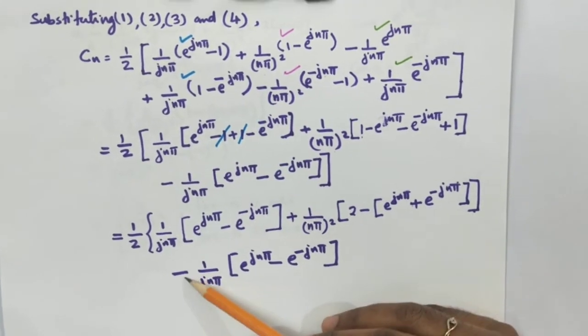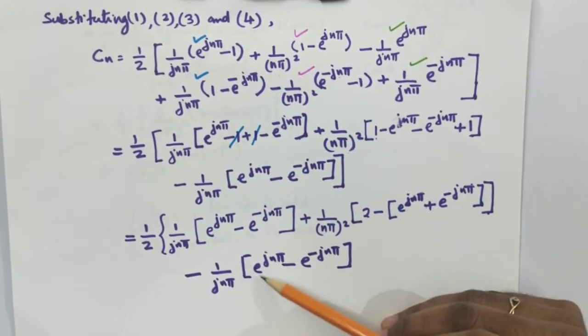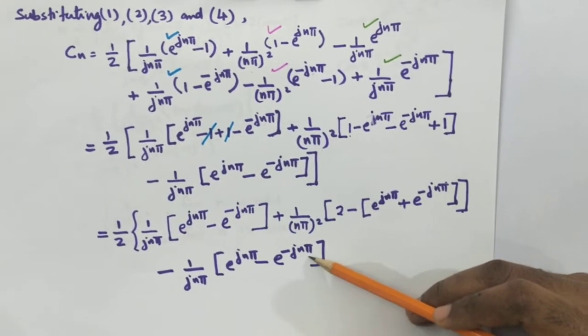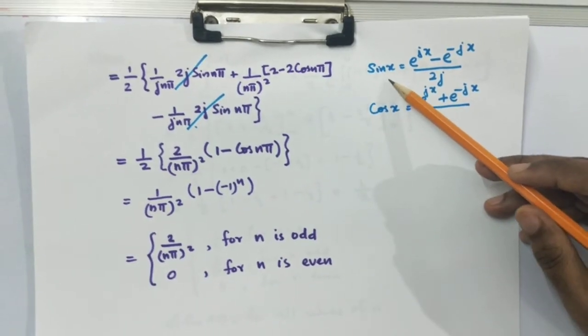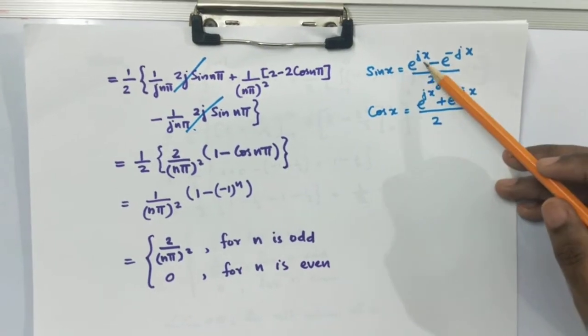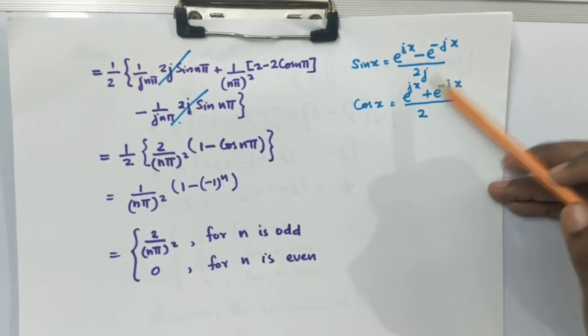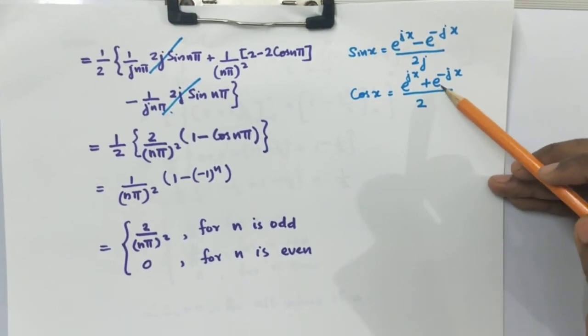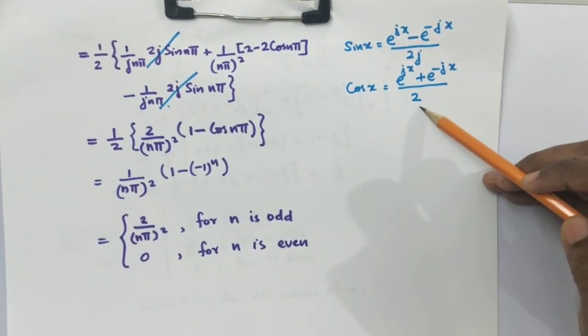And third term is minus 1 by jnπ into e raised to jnπ minus e raised to minus jnπ. Now we have the relation sin x equal to e raised to jx minus e raised to minus jx by 2j, and cos x equal to e raised to jx plus e raised to minus jx by 2.